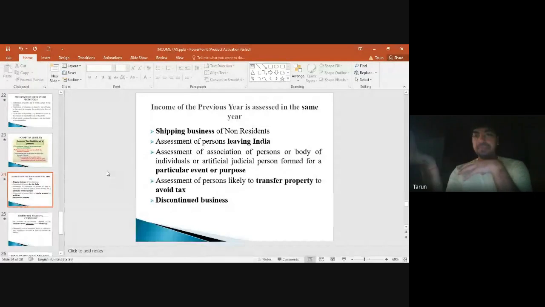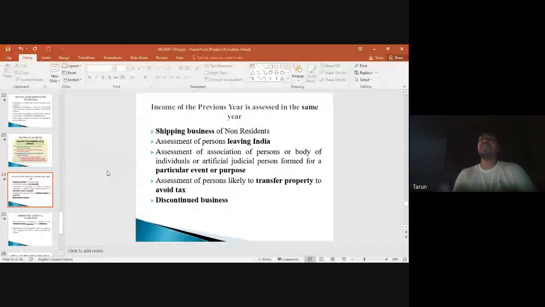Next is assessment of an association of persons, a body of individuals, or any artificial juridical person formed for a particular event or purpose. Whatever income is earned will be calculated on the previous years, and those years will be considered in the same year.